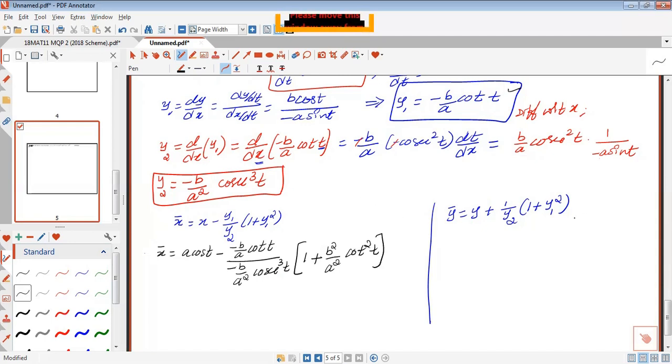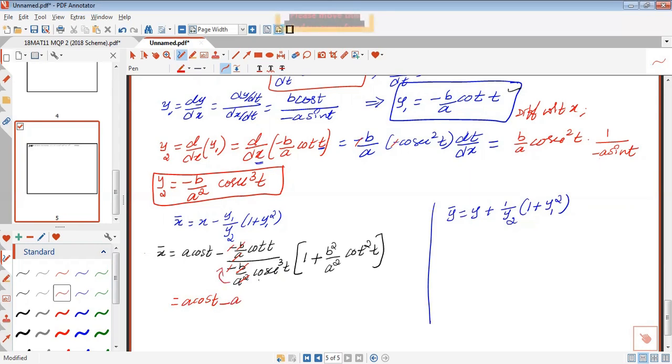Now some of the terms get cancelled here, and negative into negative is positive. b and a get cancelled, right? Or this is a cos t minus sin. So the denominator of the denominator is the numerator.